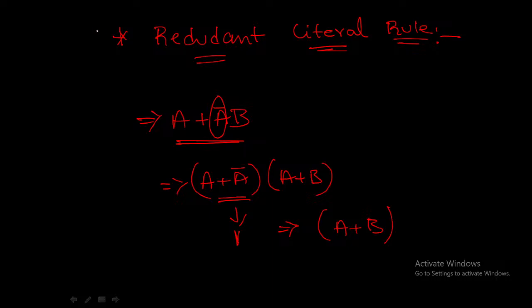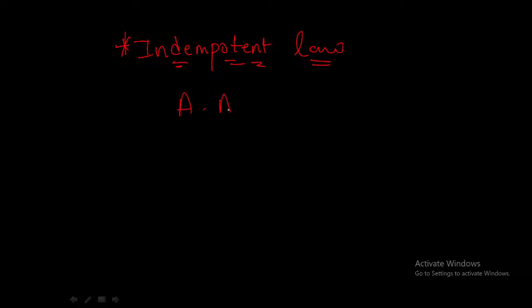Now we have one more law called the idempotent law, which states that if we multiply the same variable, let's say, n times, the answer will be equal to A itself.